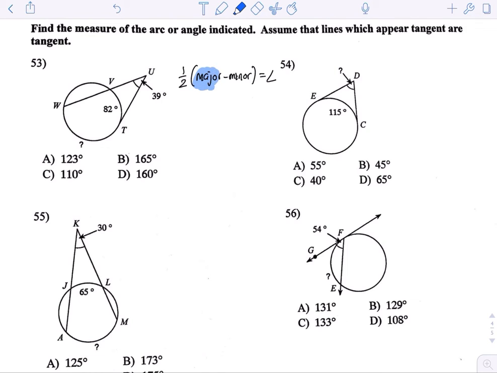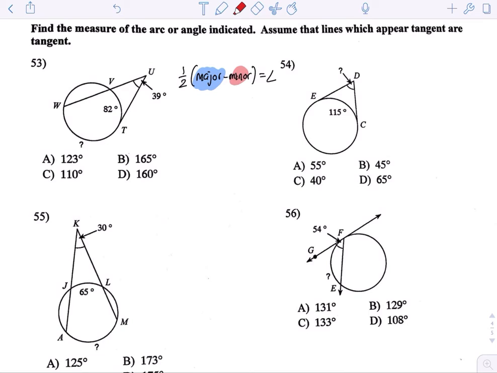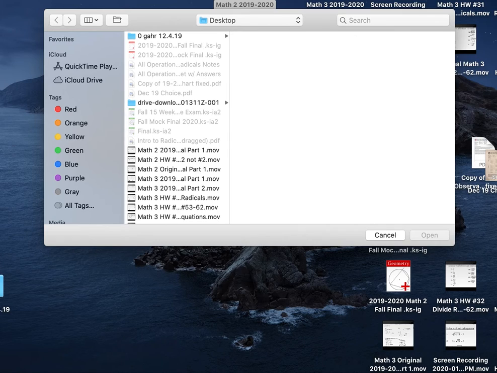All the major ones will be in blue, and all the minor ones will be in red. So for 53, you guys, here's the major arc, which is right there. And we're gonna be subtracting the minor arc. And that canceled out, which is never really good.